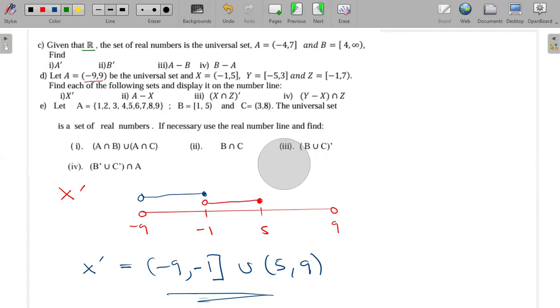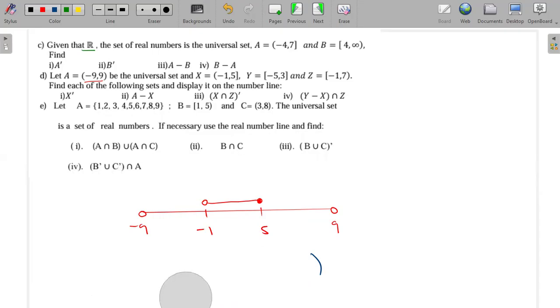Okay, so the next one is A and x. So let me erase this and leave the x there. So the next one is saying set difference of A and x. So x is from -1 to 5, while A, which is the universal set, is open at -9 and also open at 9.